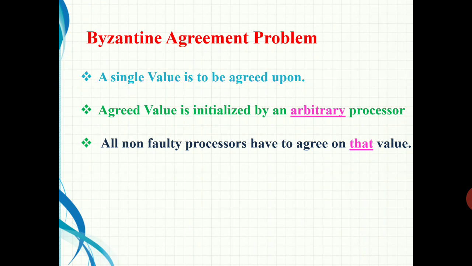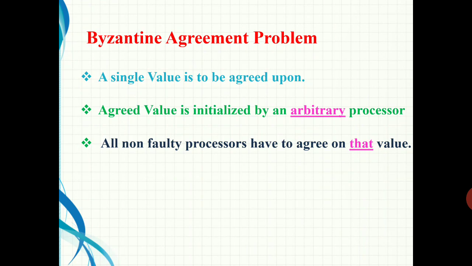In the case of the Byzantine Agreement problem or protocol, a single value is to be agreed upon. That is, our final goal is to get a single value among all the processes. For that, we choose an arbitrary processor, and that is called a source processor. That source processor broadcasts its initial value to all other processors.